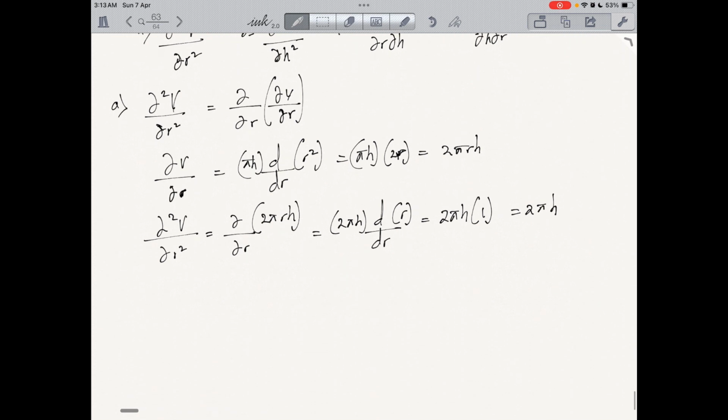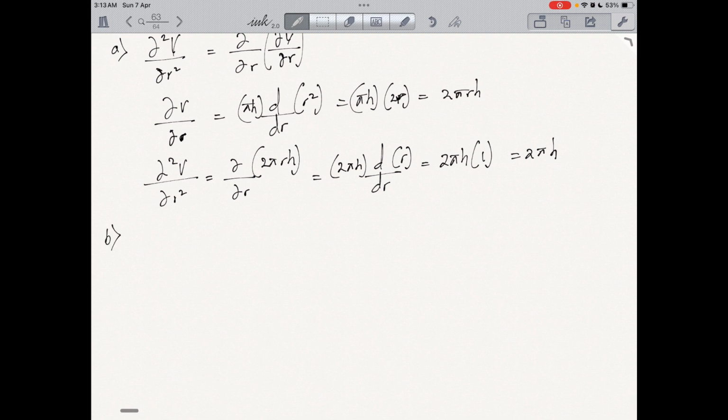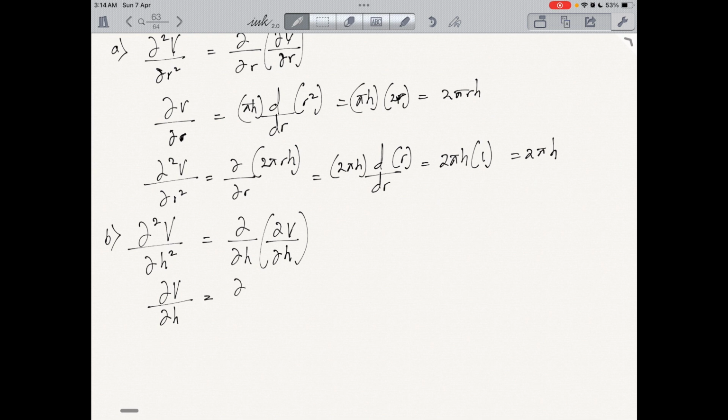Let's take the next one. Let's evaluate d squared V, d h squared, which is differentiating partially with respect to h of dV dh. Now, the first thing to do is to evaluate dV dh, the partial derivative of V with respect to h, and that is d dh of pi r squared h.